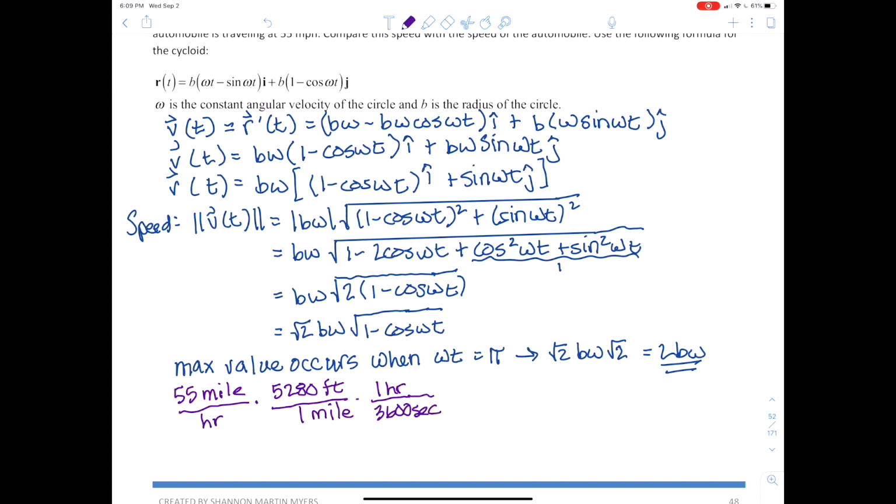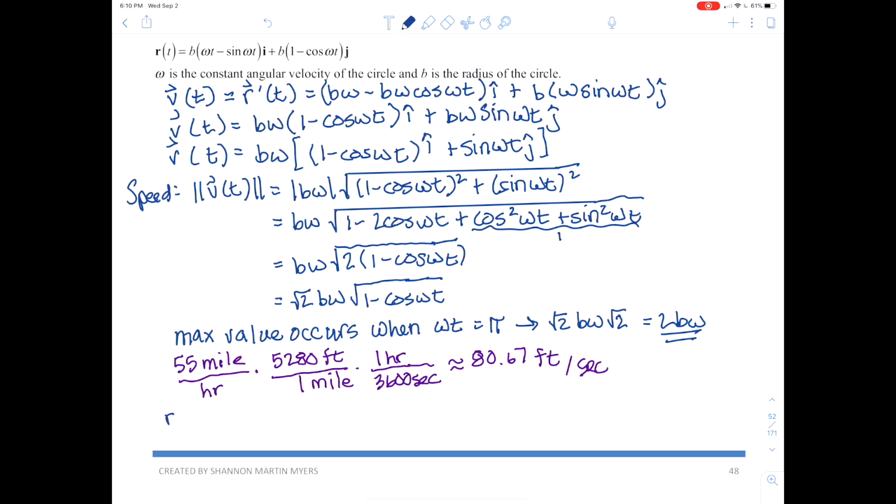So that's going to give us approximately 80.67 feet per second. Cool so far?